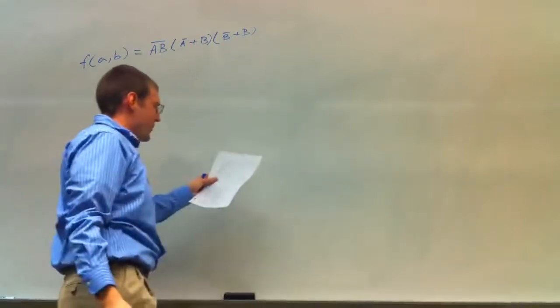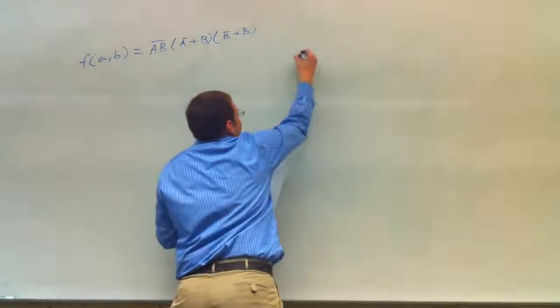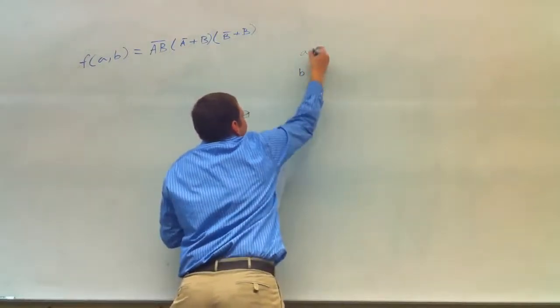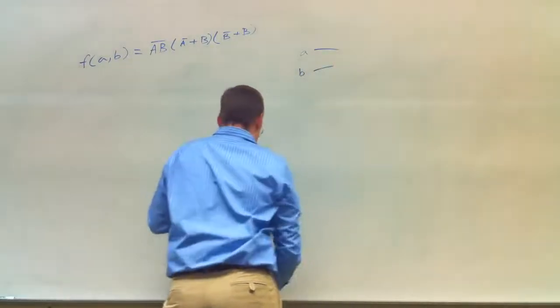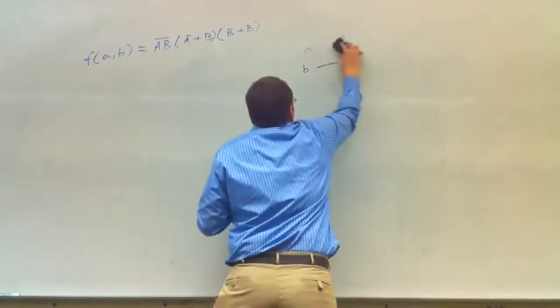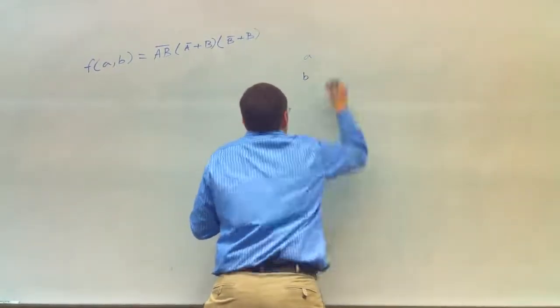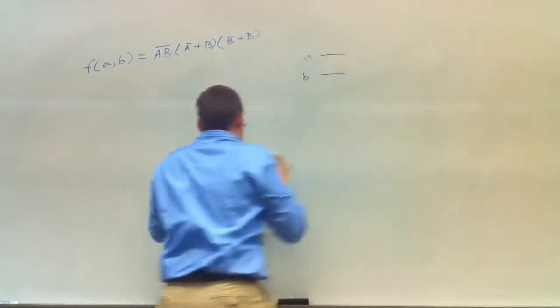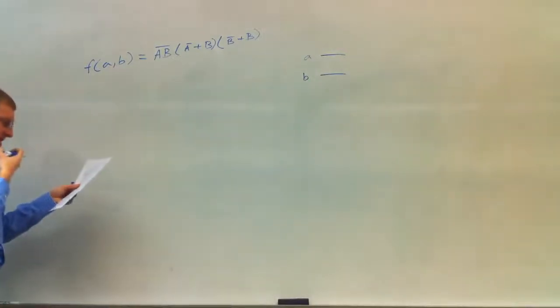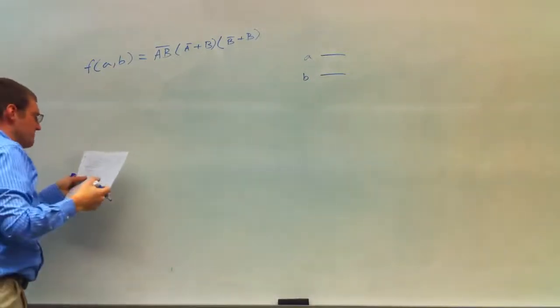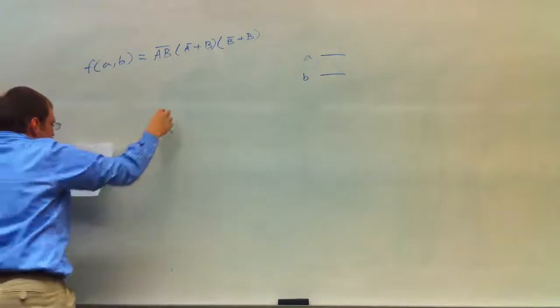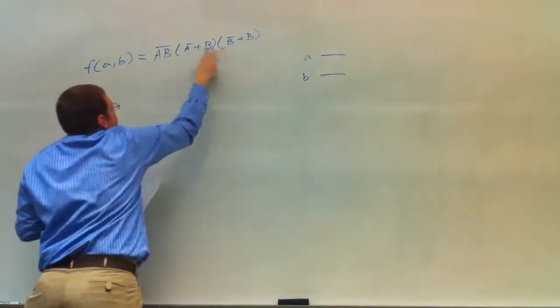So I'm going to draw the circuit first. So we got A and B. This one's more of just trying to figure out how you want to do it. I'm going to do inside stuff first.